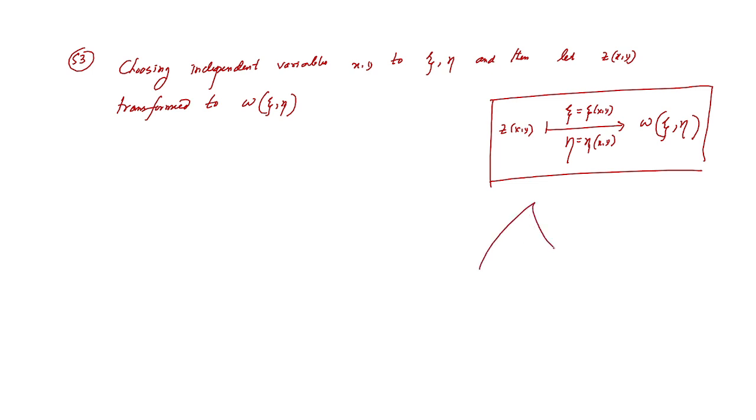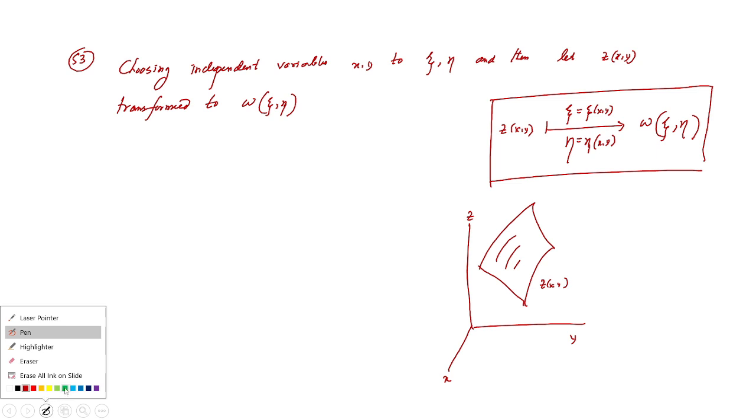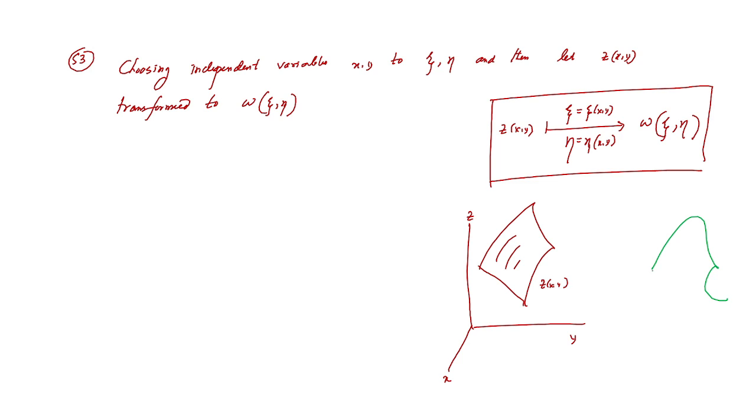Okay, so here we have the surface, say z(x,y). So this is the x, y, z axis, and we have given the transformation in that way, so that the surface is like this.